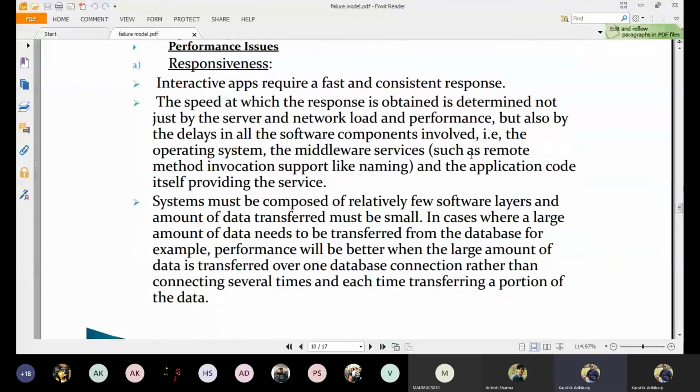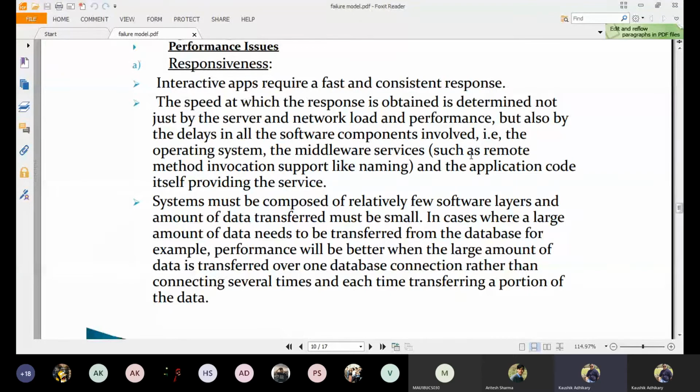So the system must be composed of relatively few software layers. If there are many software layers, then there will be more interaction and it can affect the delay, the quick response that we want, and the amount of data transferred must be small.